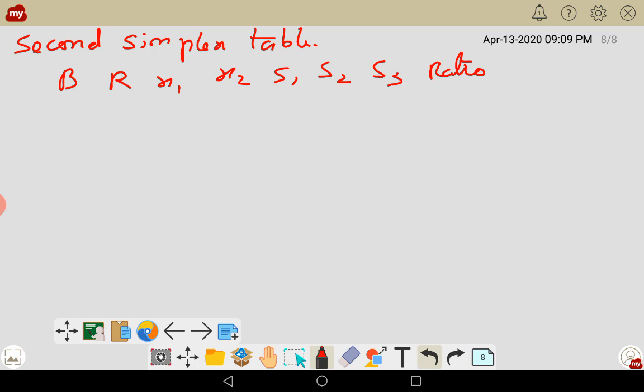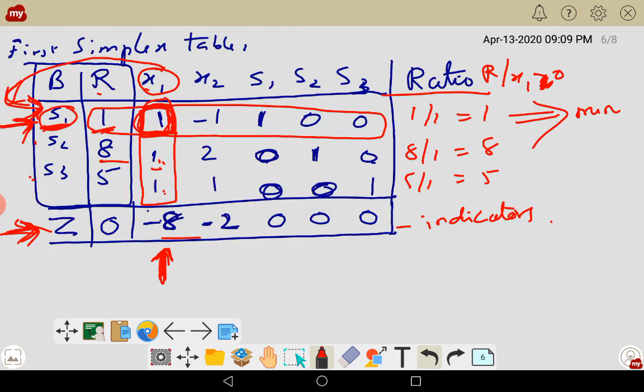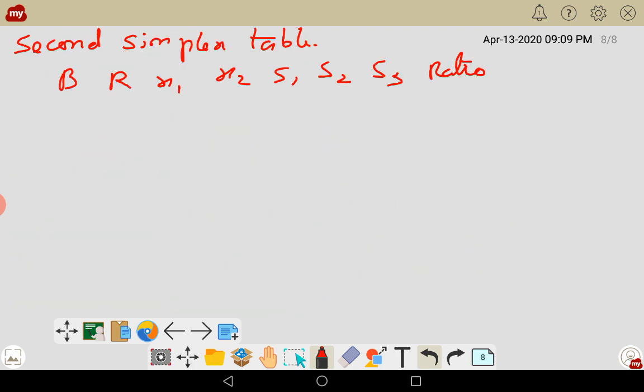Go back here, we identified that s1 will be replaced by x1. That's it, no other changes in the column. So x1, s1, and this is s2 and s3. Just fill the table here.